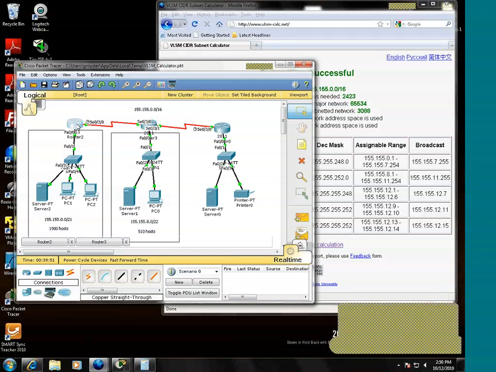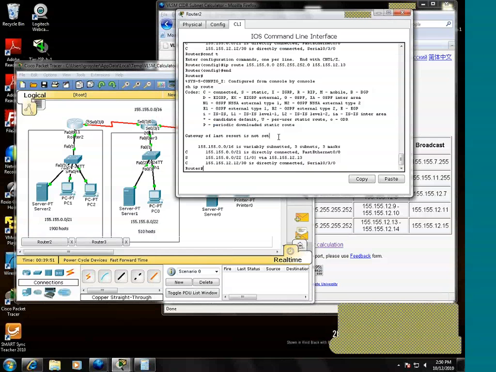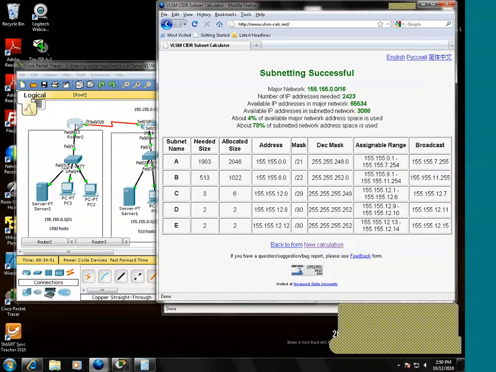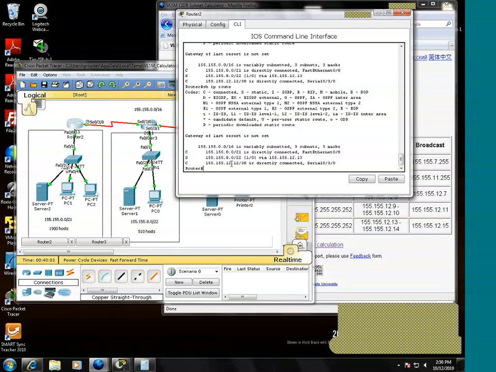So let's look in the routing table. Okay, the 12.0 is not in that routing table. So it's not even going to get there. No, we didn't put a static route there.